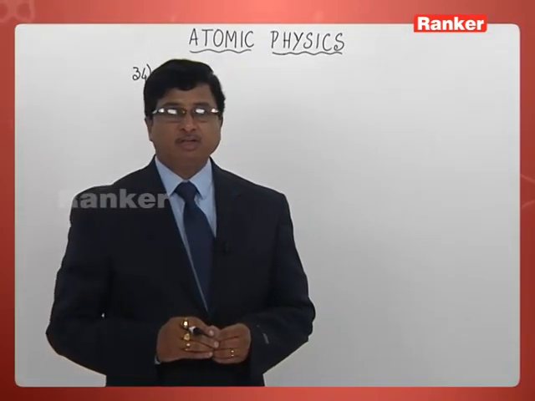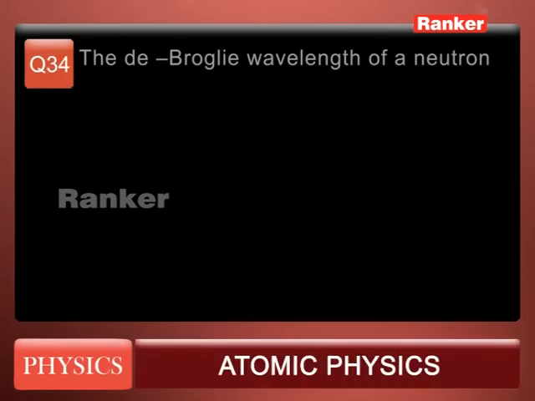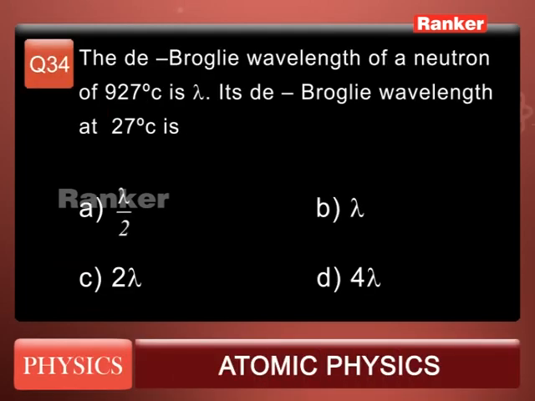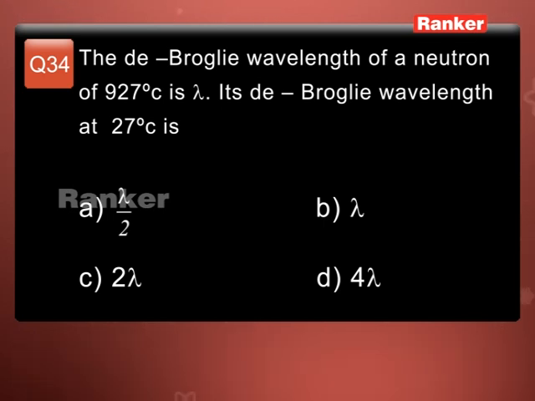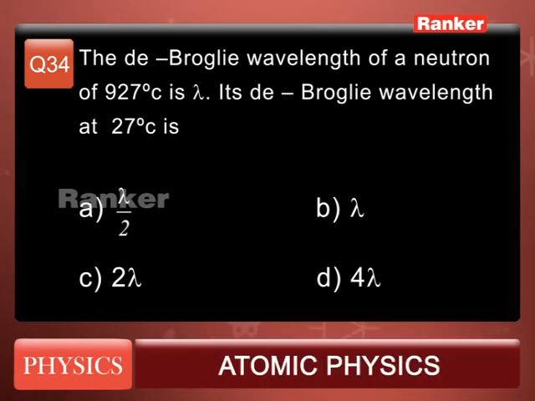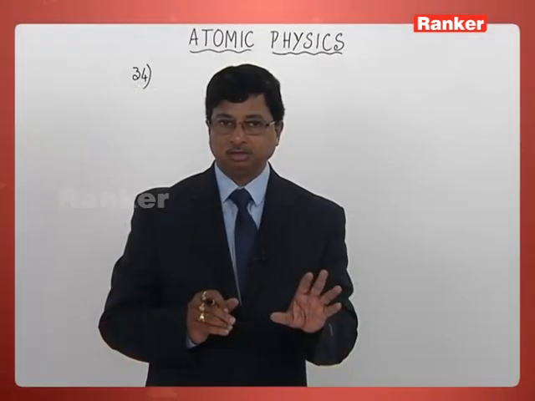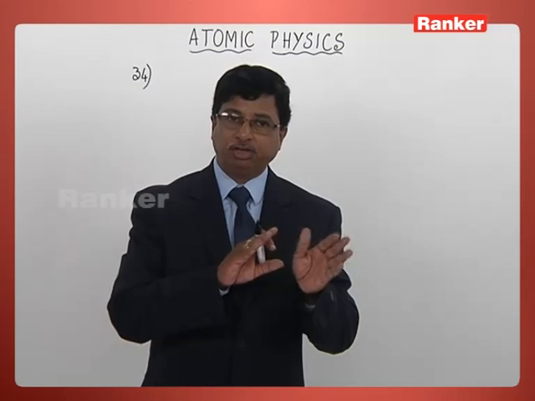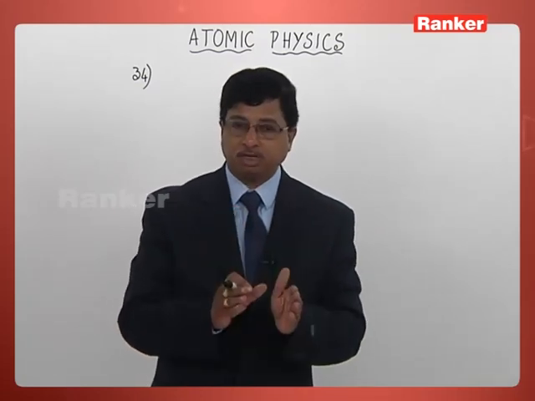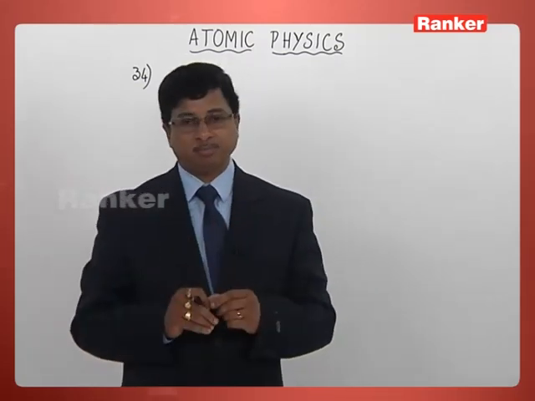Next number is 34th. Problem 34 is a simple application of problem number 33 that we have taken up. The de Broglie wavelength of a neutron at 927 degrees centigrade is lambda. The neutron is at 927 degrees centigrade, and the value of its de Broglie wavelength at that temperature is given as lambda.